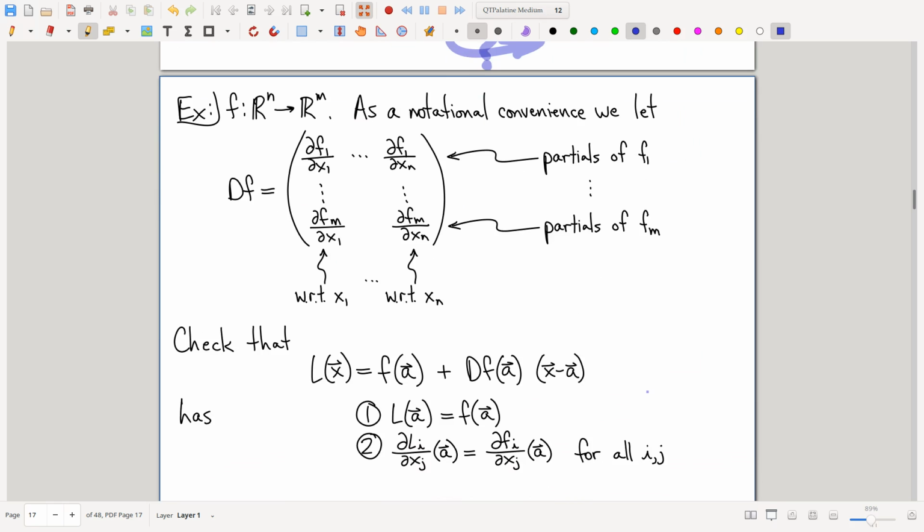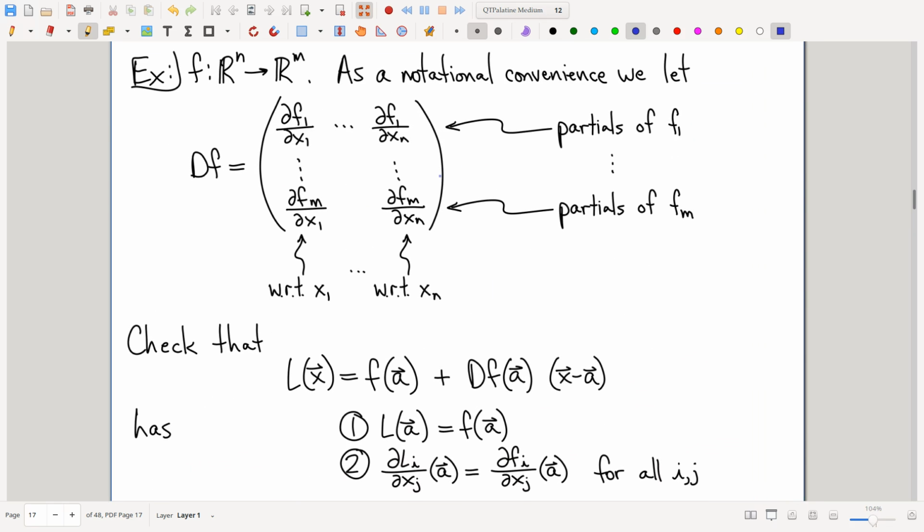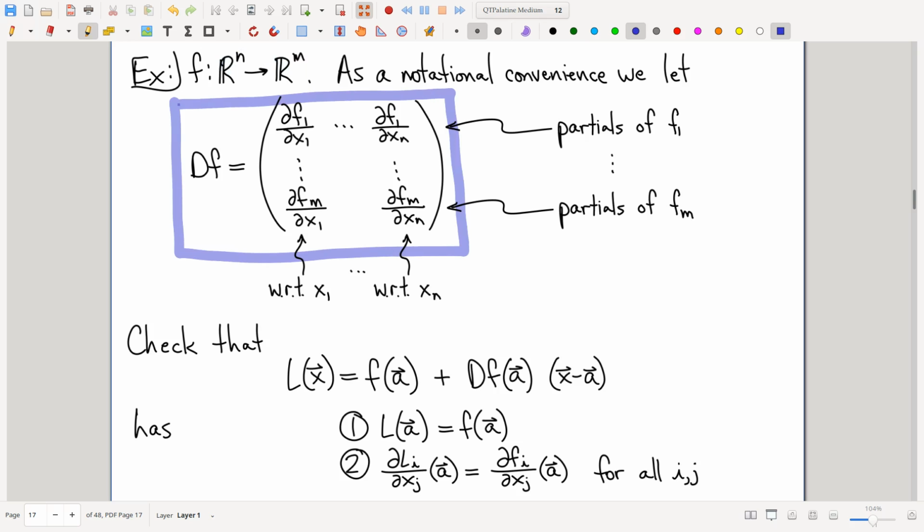And here it is, the convenient notation. When you have a vector valued multivariable function and you want to write down a linear approximation, we're going to need this monstrosity here. And for the moment, I'm going to call this df. It has another name. It has another interpretation.